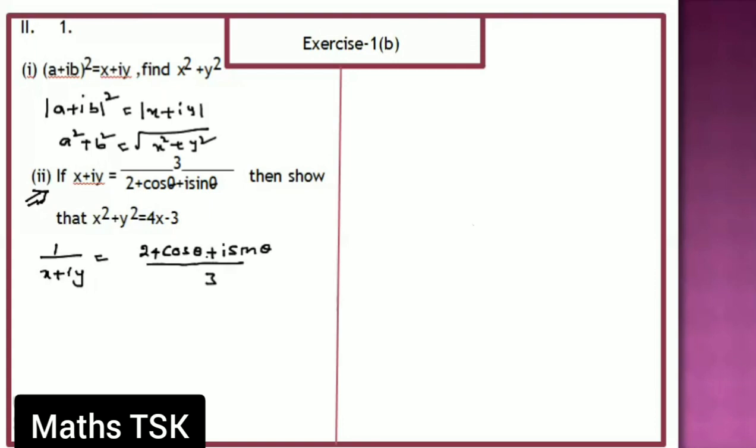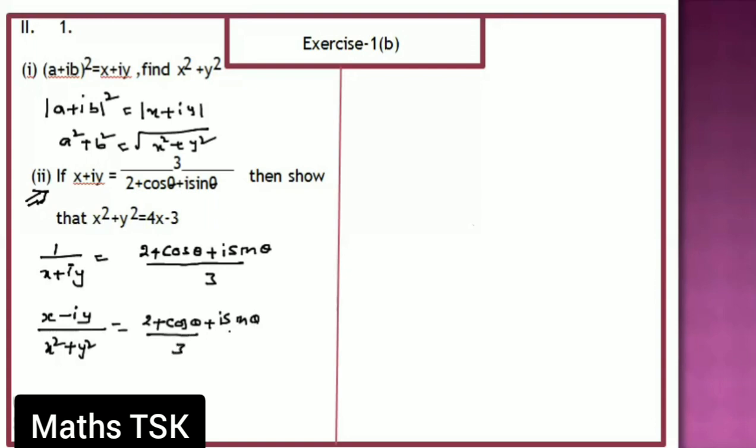Now separate the real and imaginary parts, whereas we know that 1 by x plus iy, its multiplicative inverse, is x minus iy by x square plus y square, which is equal to (2 plus cos theta plus i sin theta) by 3.